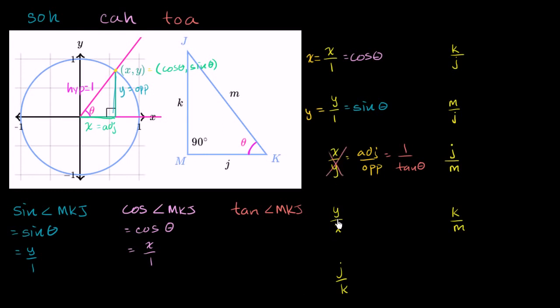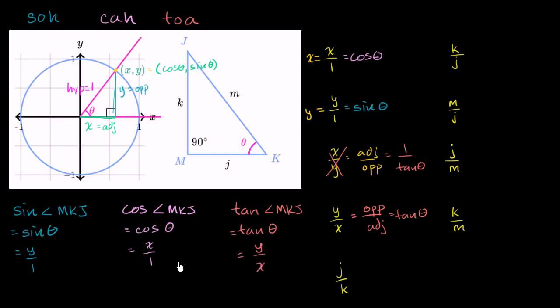But then we have y over x. Well, this is looking good. Y is opposite. X is adjacent relative to angle theta. So this is the tangent of theta. So tangent of angle MKJ is the same thing as tangent of theta, which is equal to y over x.